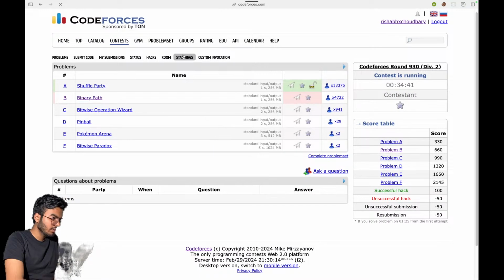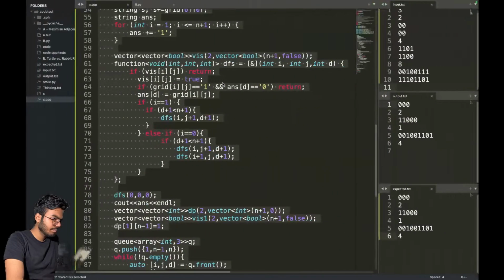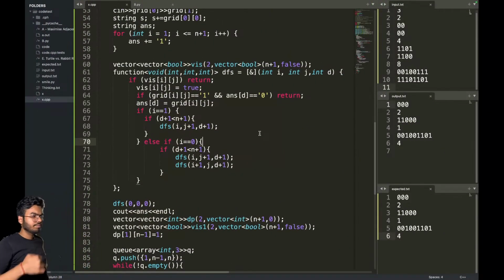4,700 people have actually solved this problem. Okay, where could I be going wrong? Like, this is correct. What might happen is I might not be calculating the shortest path correctly, maybe.